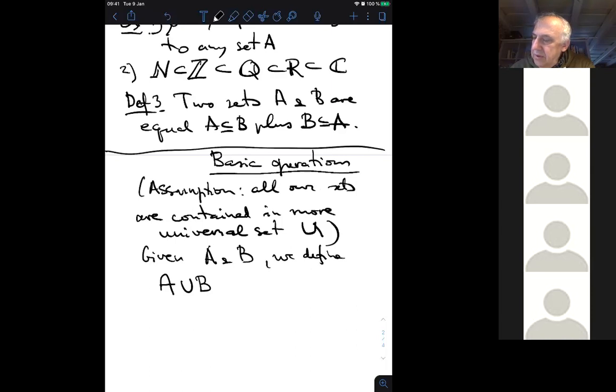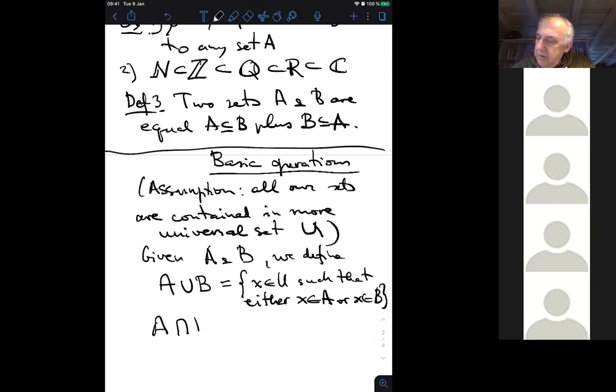It is by definition the set of x in the universal set such that either x belongs to A or x belongs to B. Now the intersection, again you surely know, is the set of all x in the universal set such that x belongs to A and x belongs to B.